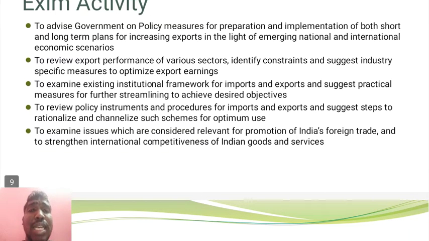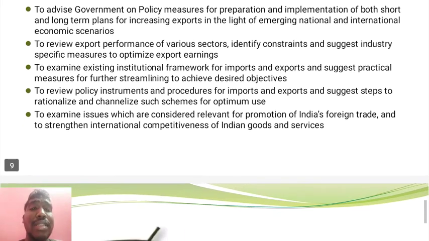Next, to review export performance in various sectors, identify constraints, and suggest industry-specific measures to optimize exports. In that sense, by exporting they identify and track the issues, list them, try to remove them and give a solution.